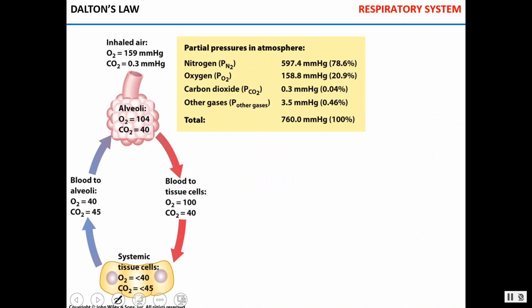Now, let's talk about Dalton's law. Dalton's law governs the movement of gases, because gases move following the pressure gradient.